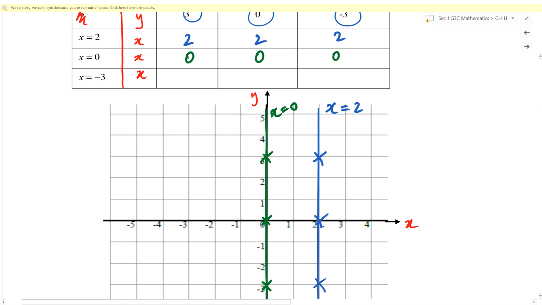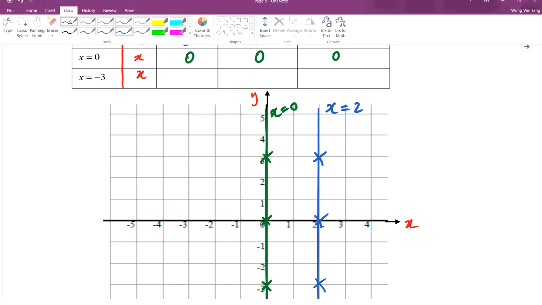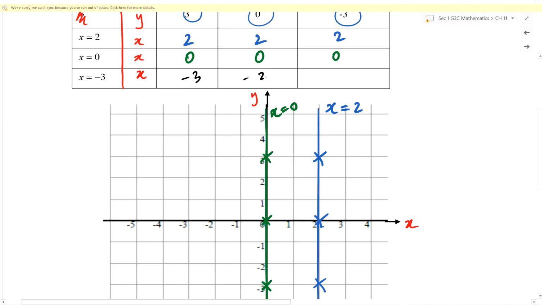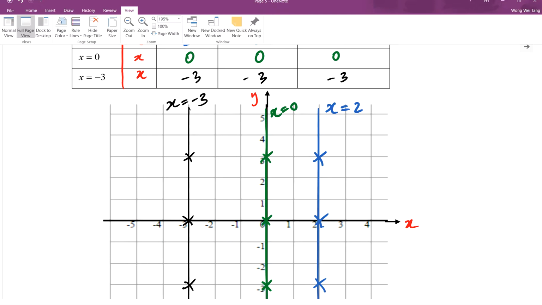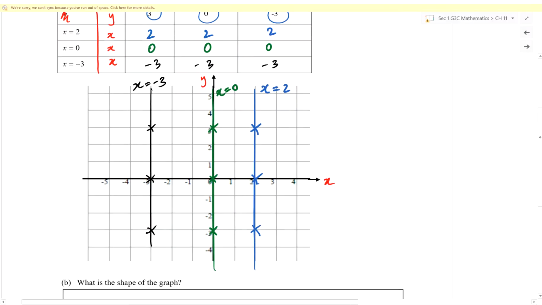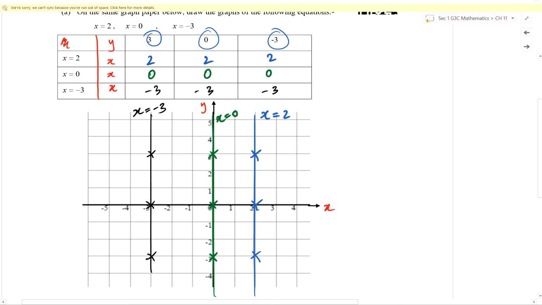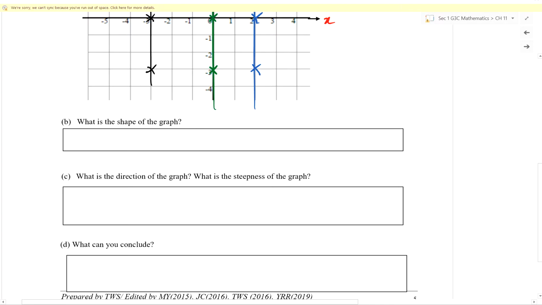And the last case, -3, -3. Shape of the graph.